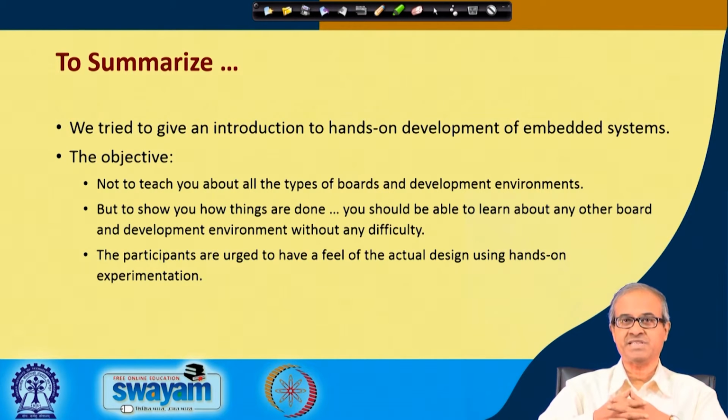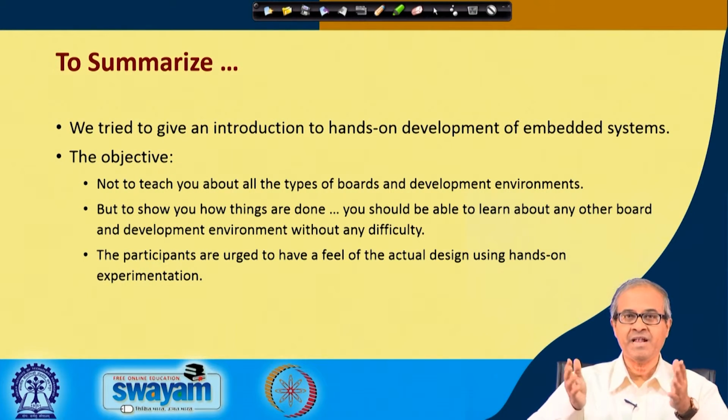We have talked about the STM32 board and the Arduino Uno board, which are very popular development boards, and with their help we tried to demonstrate that it is quite a simple task to interface devices and build systems which work according to some algorithmic requirements. So, designing such an embedded system is not at all a difficult task, it is very simple in fact.